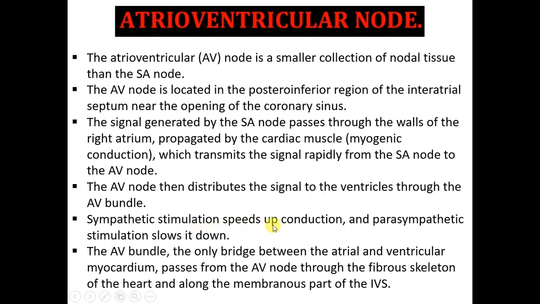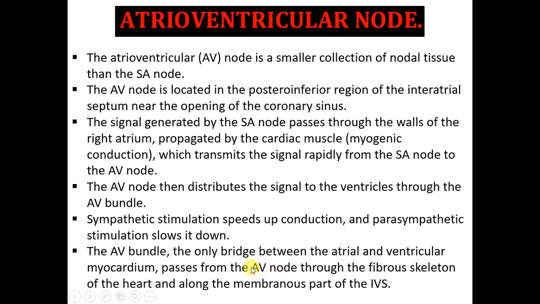Sympathetic stimulation speeds up the conduction and parasympathetic will slow it down. The AV bundle is the only bridge between the atria and ventricle that passes from the AV node through the fibrous skeleton of the heart, because the fibrous skeleton of the heart acts like an insulator between the atria and ventricle.